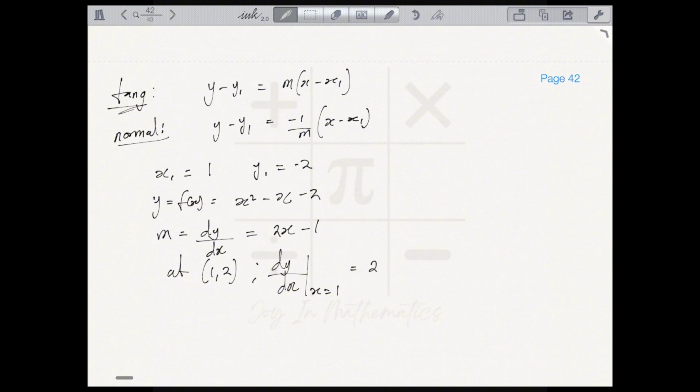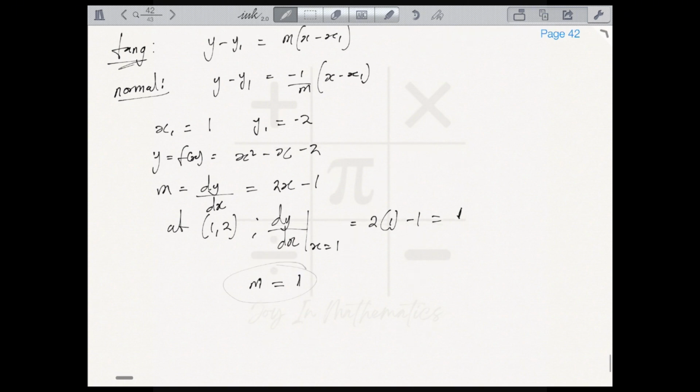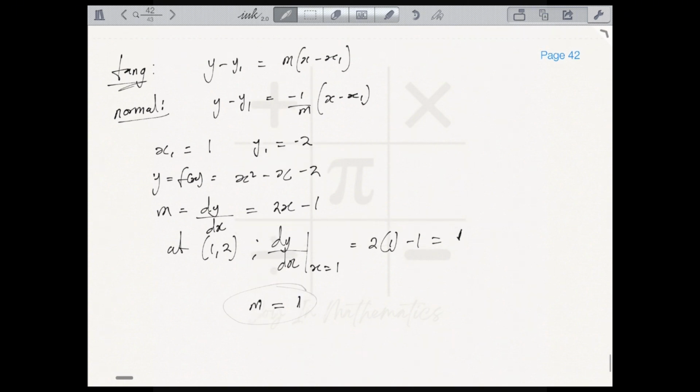Therefore, where we see x, we substitute 1, that's 2 minus 1, and that is 1. So in essence, m is equal to 1.